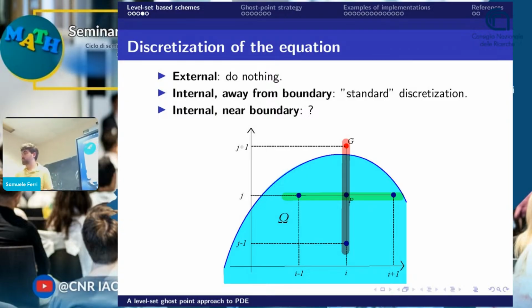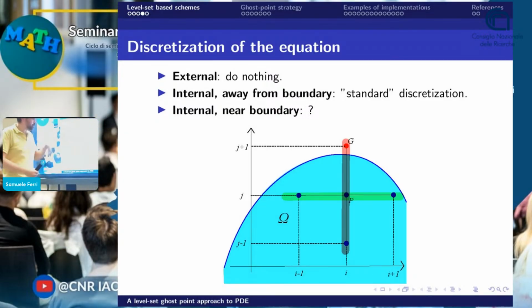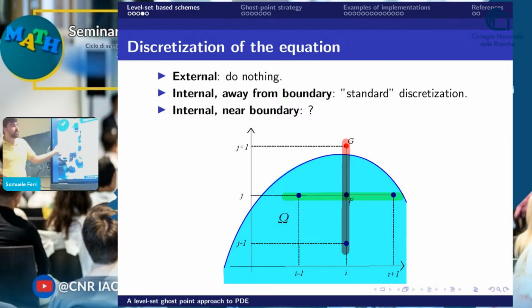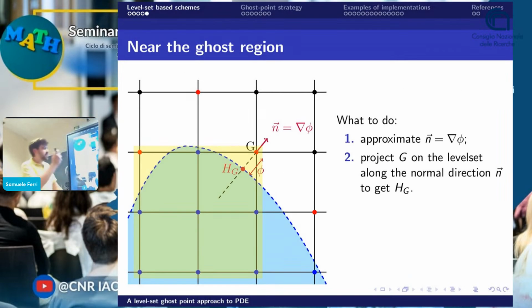It's just a nomenclature, but you need to imagine that around the blue line there are many points according to the grid we are using, and the ones which are nearest to the blue line are called ghost points. In this picture, you can see only one, but in the next picture we have a better picture.